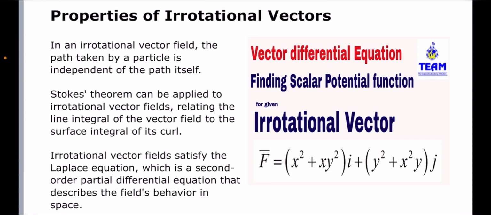Irrotational vector fields satisfy the Laplace equation, which is a second order partial differential equation that describes the field's behavior in space. And the formula is f bar equals (x square plus x y square) i plus (y square plus x square y) j plus z.